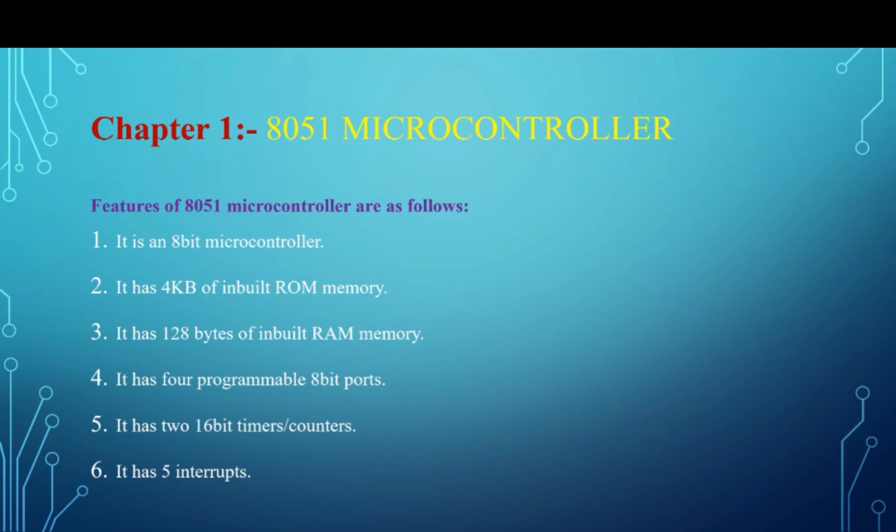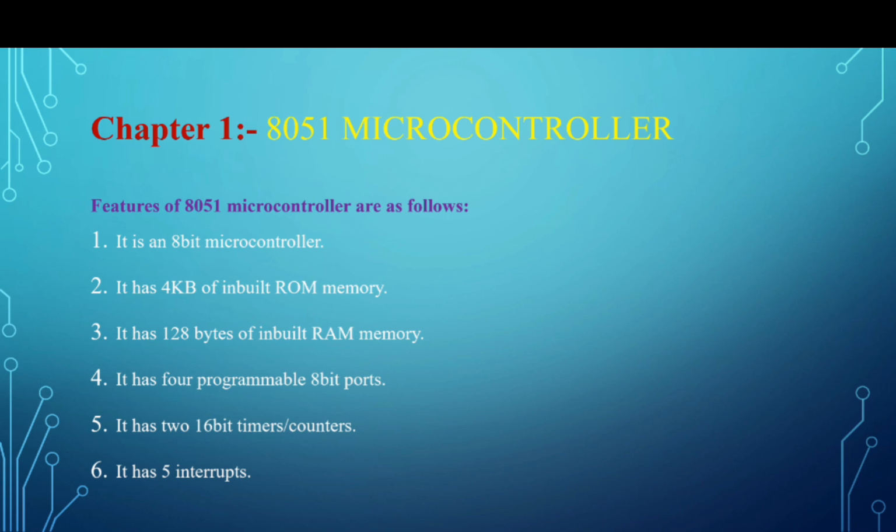It has four programmable 8-bit ports. It has four ports through which we perform read or write operations. So it has four 8-bit ports, which means I can perform 32 bits of input output operation. And these are programmable. What does programmable mean?